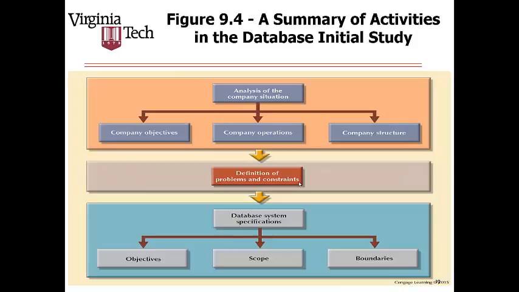Well, the database initial study, I think, is one of the more important parts, and the phases or steps in this activity are: analyze the company's situation, right? You need to know what they're trying to do. You need to know how they actually are trying to do those things. And then you have to know something about how they're organized, right?